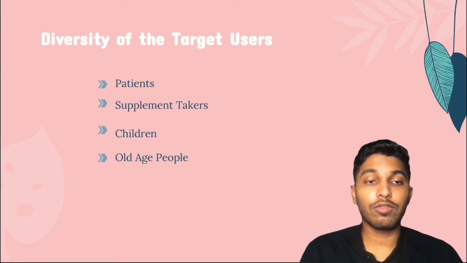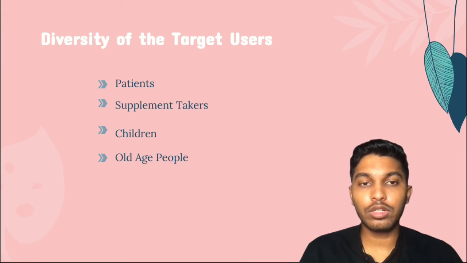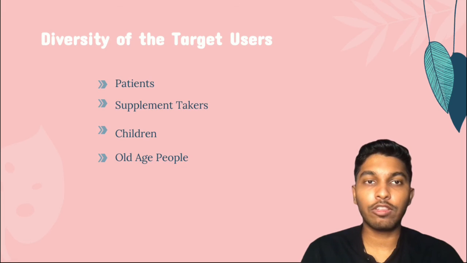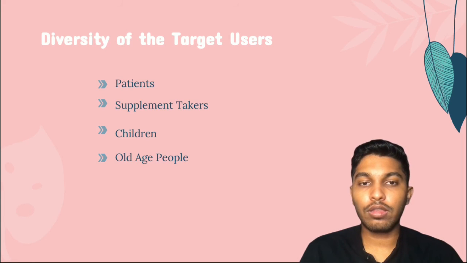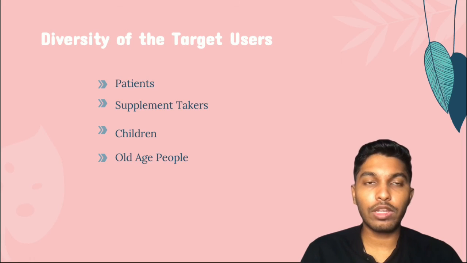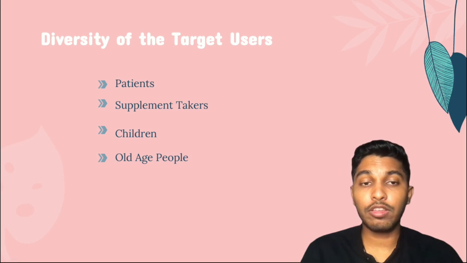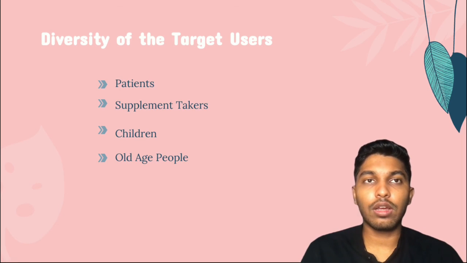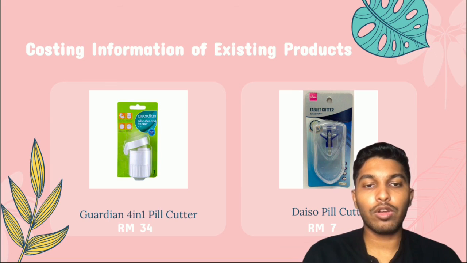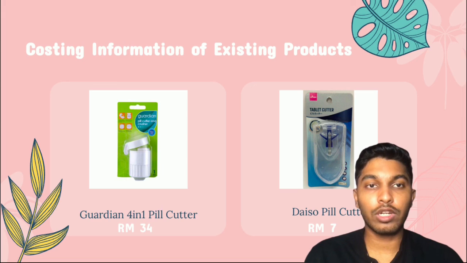In terms of diversity of target users, we have covered children who can't eat full-size pills, supplement takers who regularly take vitamins and biotics, multivitamins like that, patients who regularly take hospital medications, and old age people who regularly take health medications. In terms of costing information of existing products, we already have the Guardian pill cutter with 4-in-1 function in the market, but with a heavy price tag of 34 ringgit.